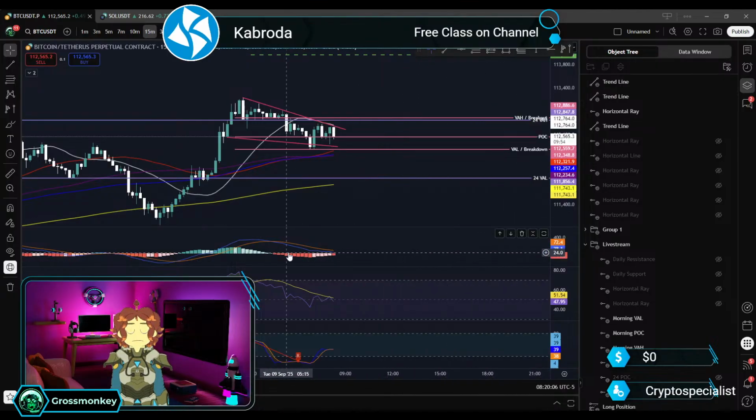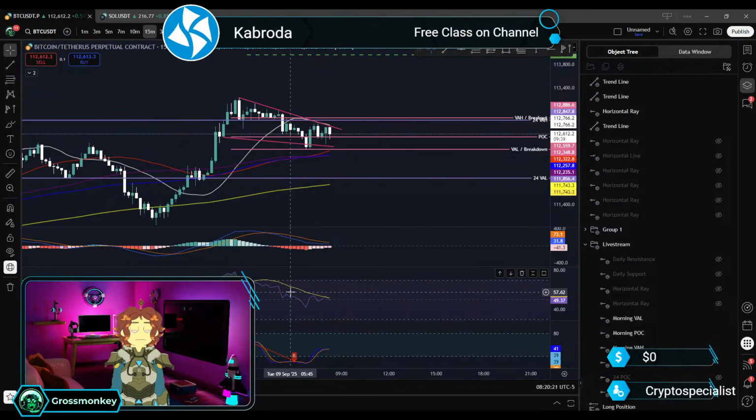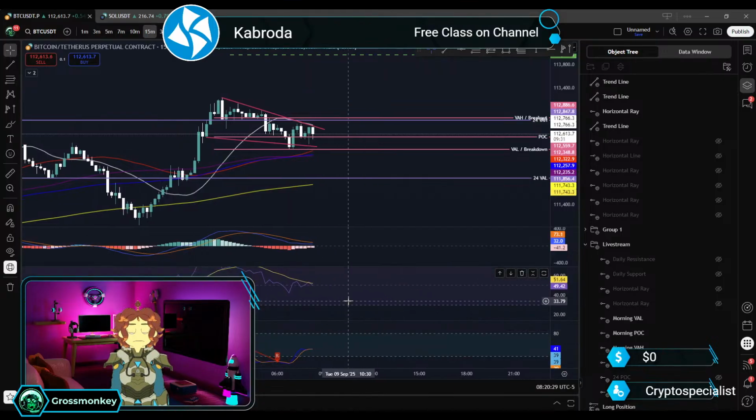You got MACD showing like we might curl back down and create some more bearish downside, but it is kind of curling up, so we'll see what happens with this candle. RSI is actually on the bottom of its slower moving average, so we're looking more to the downside on that one.